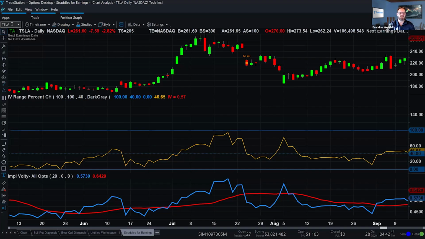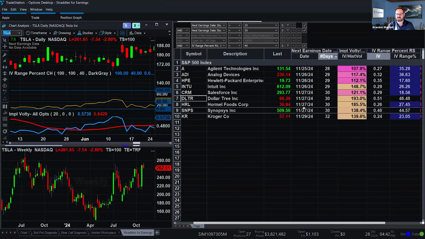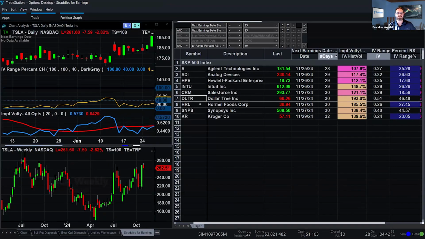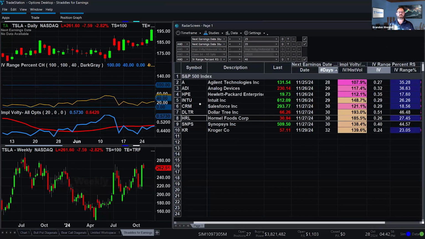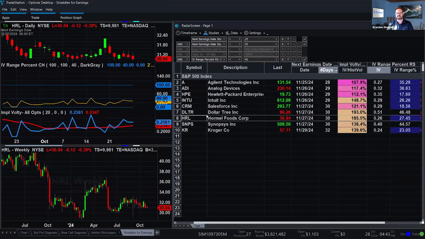So for my example I'm mentioning right now, again, looking around, we got 30 days left until an expiration. Implied volatility, we want something low, Hormel Foods. Now, again, I'm not doing all the necessary analysis, so I'm not saying this is something I would trade, but just taking a look right now, this is probably not a good scenario either.